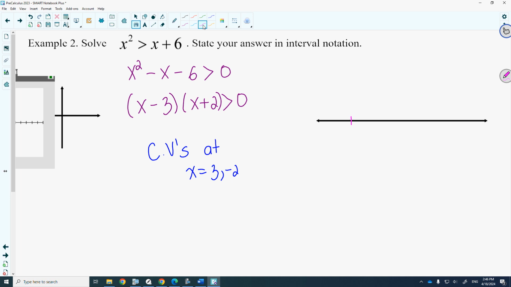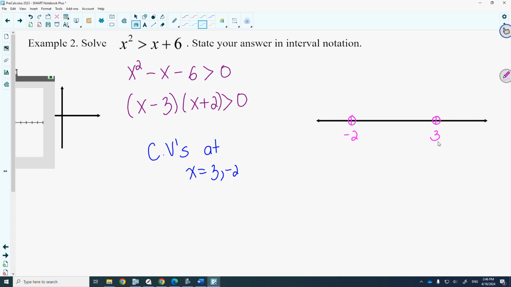I'm going to put negative 2 on the number line, 3 on the number line. I have to decide, negative 2 and 3, do I circle these in? And I look at the inequality, it is greater than. So if it was equal to, I would fill these in, but it's not. So I'm going to keep it as it is.